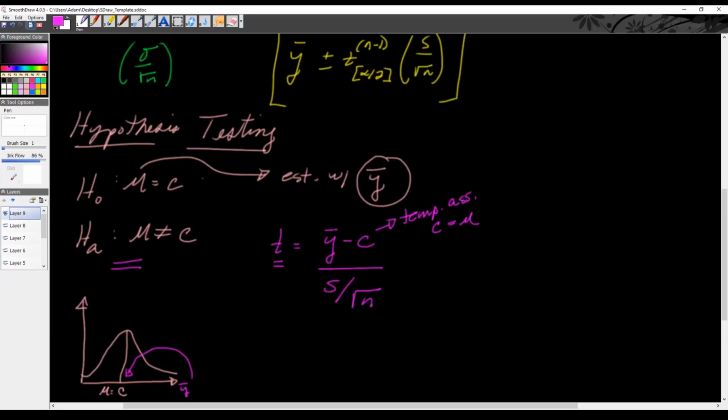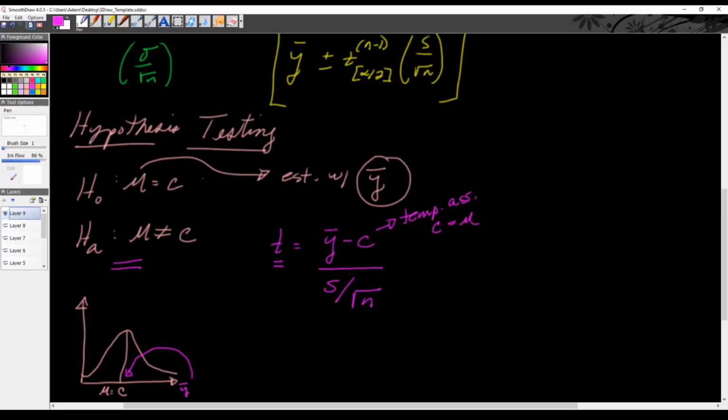You know, one of the things that we learned is that the sample mean is an unbiased estimator of the population mean. So even though the sample mean does not equal the population mean, the average of all the different sample means that we could have calculated is equal to the true population mean.